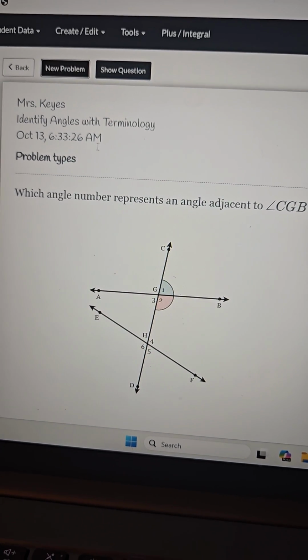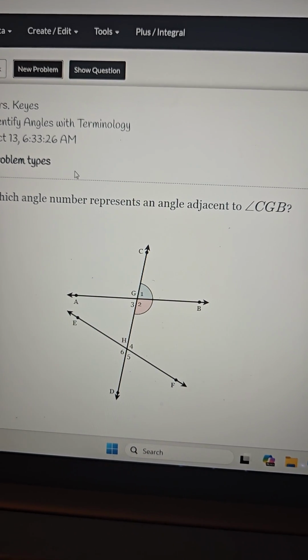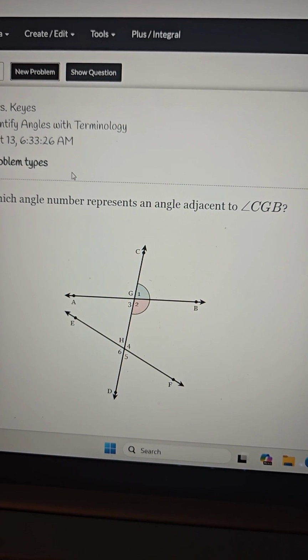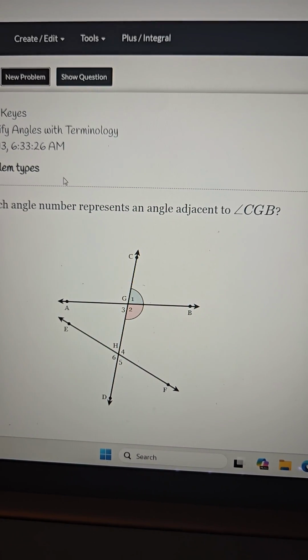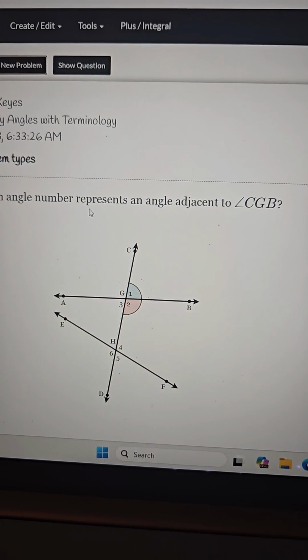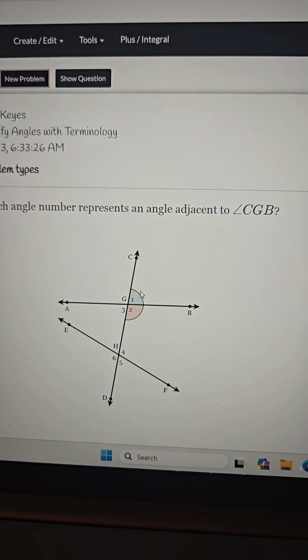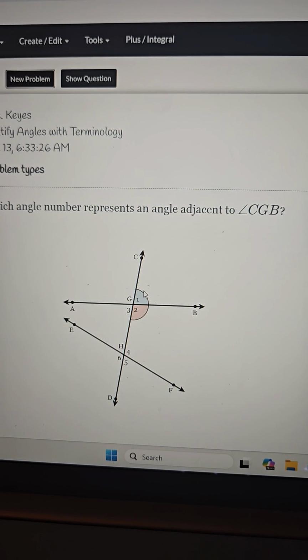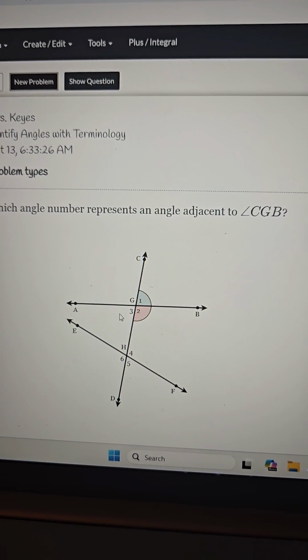Okay. So I don't think you'll have vertical angles, adjacent angles, linear pairs with this one. Adjacent means beside. So like vertical, just to remind you. If it was asking about vertical, 1 and 3 would be vertical. Remember, they're opposite and equal. Okay.